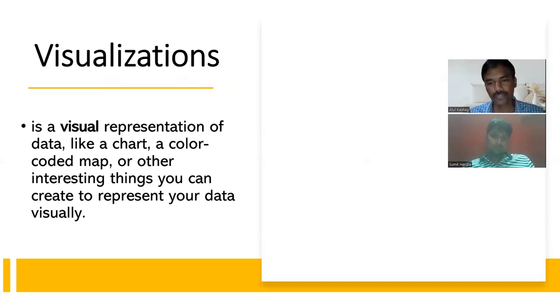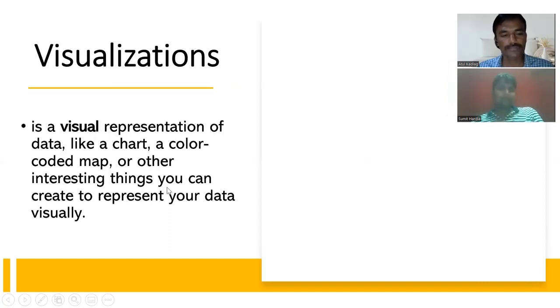When it comes to visualizations, a visualization has a visual. A visual is a representation of data, like a chart, a color-coded map, or other interesting things you can create to represent your data visually.